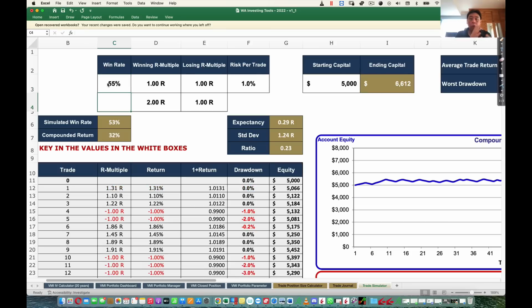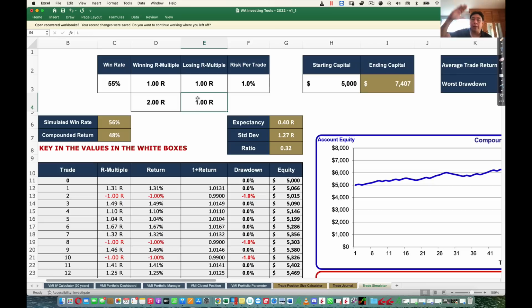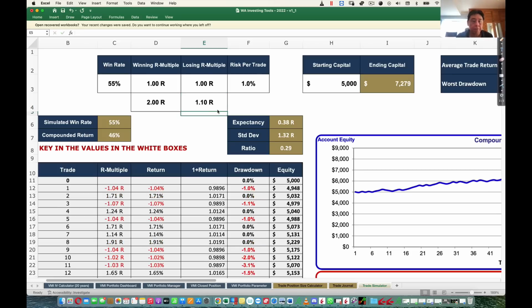And when you lose 1 R. And what is 1 R? It is 1% of your capital, or 2%, whatever, right? So in a losing trade, you lose 1 R. But sometimes the price may come down, hit your stop loss, and you lose more than 1R, because you may not get a great fill. So I'm going to put between a 1R to a 1.1R loss. Now, when it hits your profit target, you win 2R, or double your risk. Again, do you always get 2R?